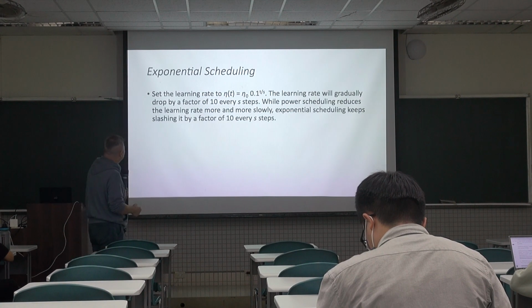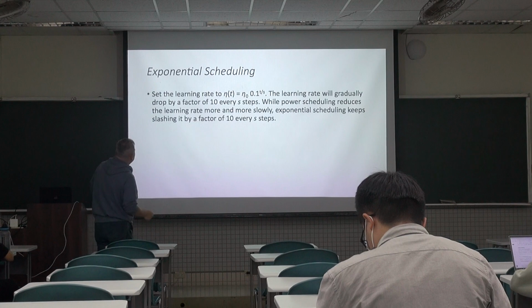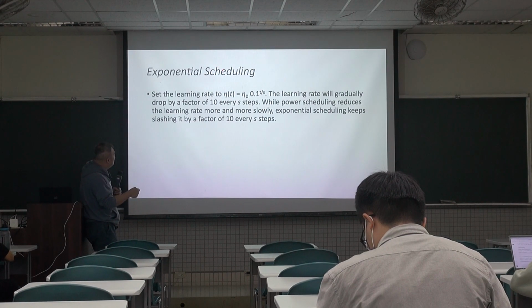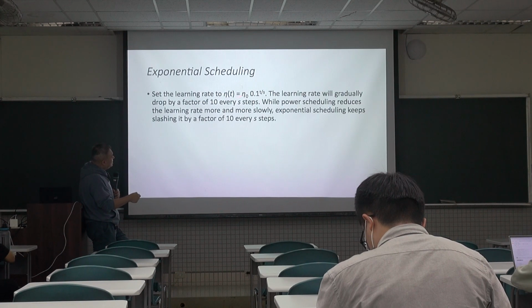The second one is called exponential scheduling. Basically, eta t is eta 0 times 0.1 to the power of t divided by s.